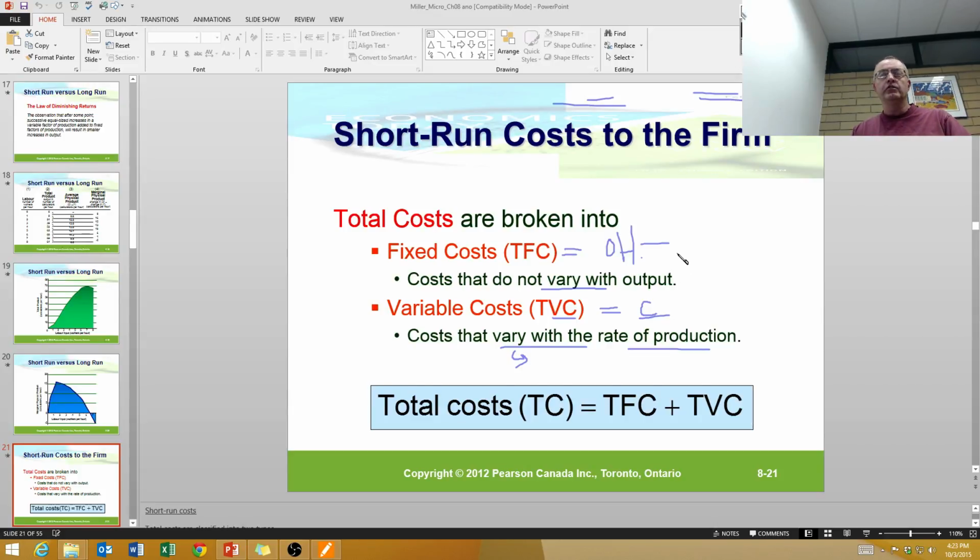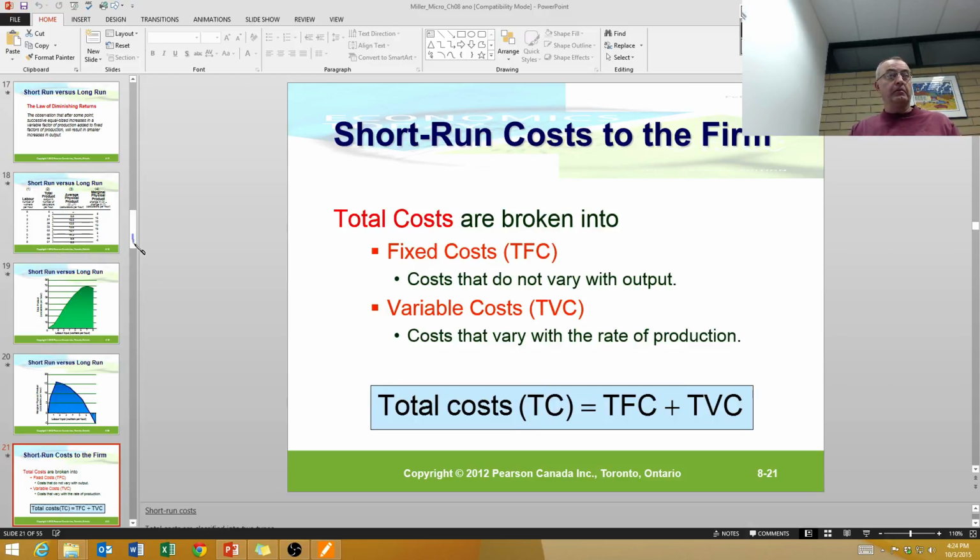So these costs do not vary with the quantity of output that we produce. Okay, so what we want to do is crank in a bunch of costs. We want to plot them so we can see the relationship between variable costs and total costs and marginal costs.